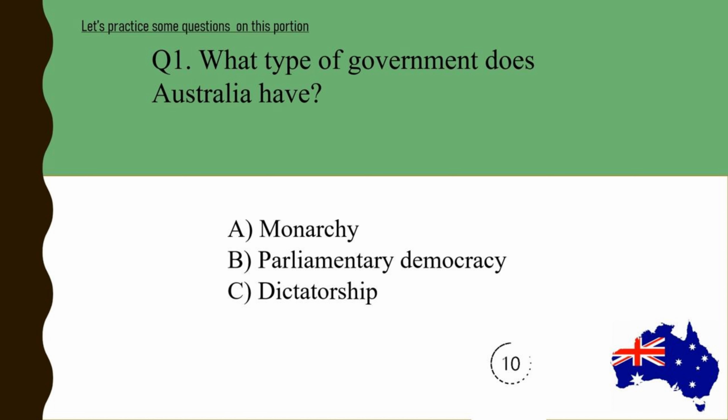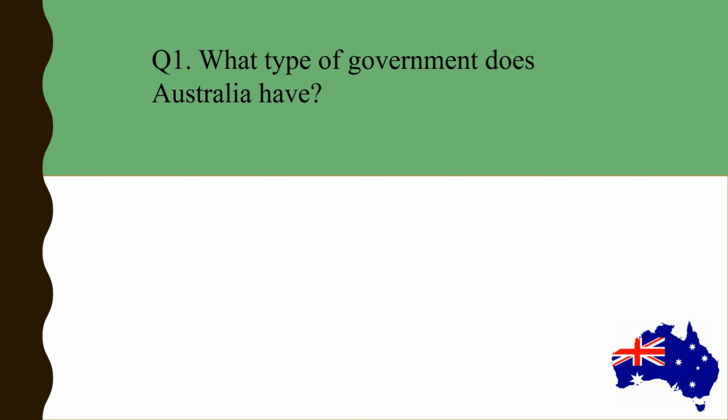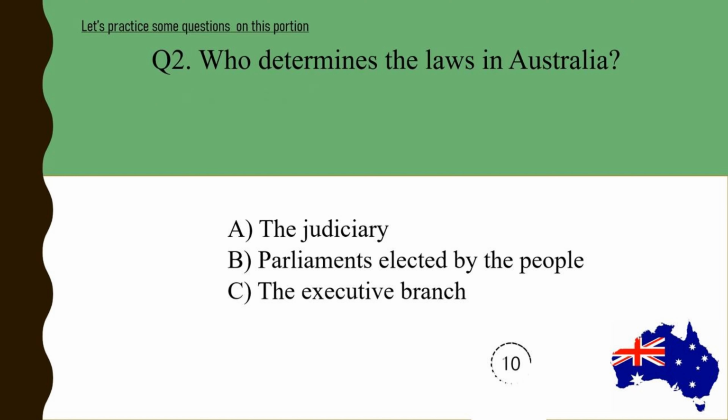Question 1. What type of government does Australia have? The answer is B. Parliamentary democracy. Question 2. Who determines the laws in Australia?